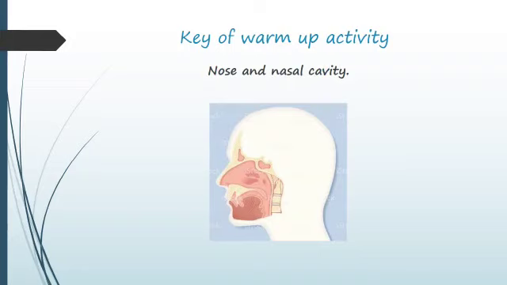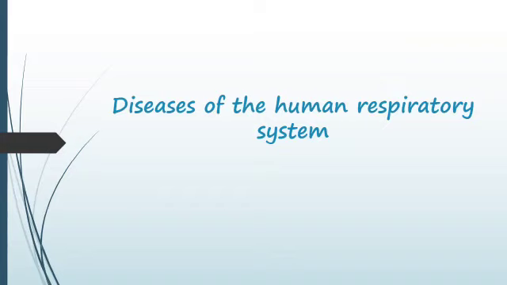Okay, that's good. So here we come towards the main content of today's lesson, that is the diseases of the human respiratory system. The job of our lungs on a pretty general level is to take blood that is without oxygen, which we call deoxygenated blood, and put oxygen in it, and it comes out as oxygenated blood, which is the red blood, because generally the blood with lack of oxygen looks a bit darker.